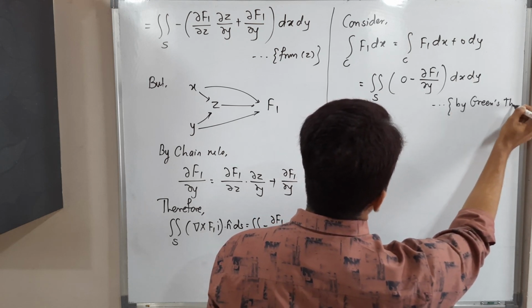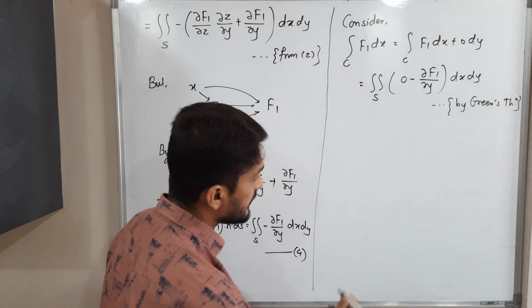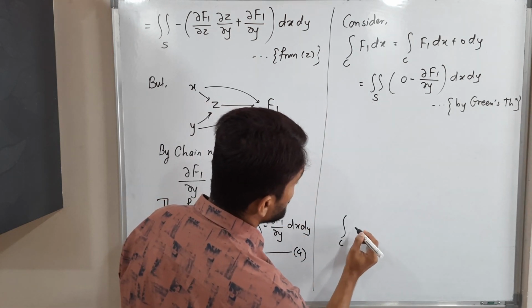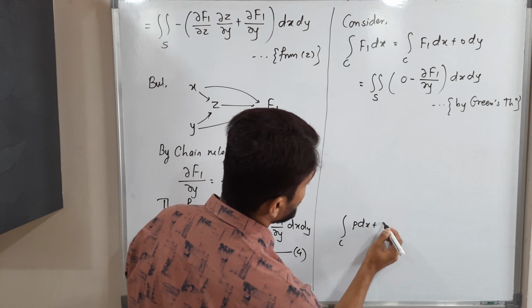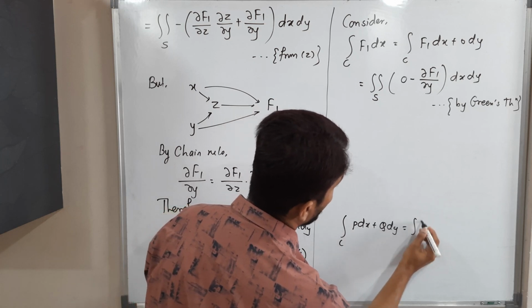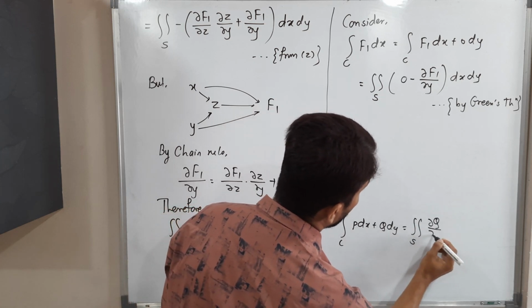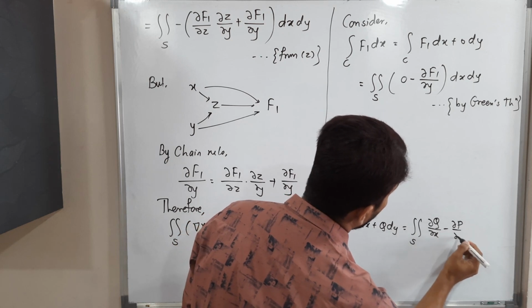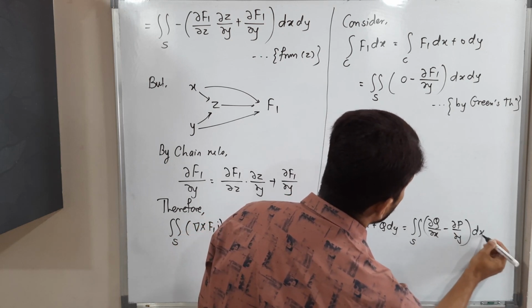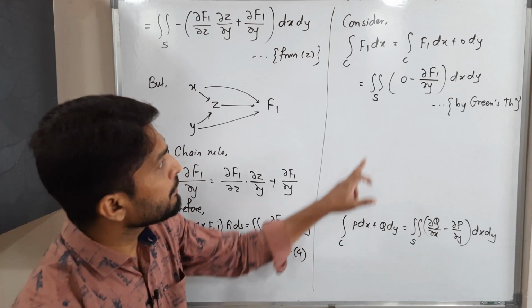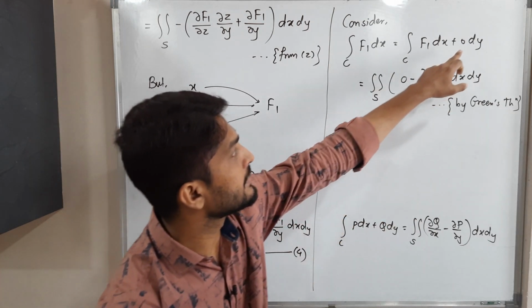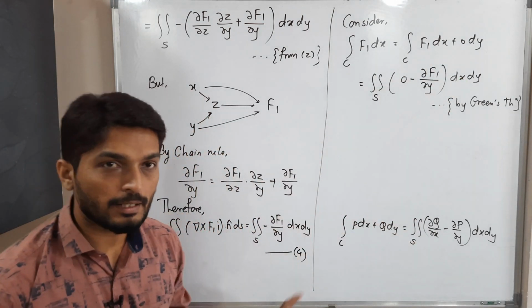Let me write Green's theorem so you can easily understand. The integral of p dx plus q dy is equal to double integration over S of (∂q/∂x minus ∂p/∂y) dx dy. This is our Green's theorem. Here p is f1 and q is 0, so I simply used Green's theorem and got this.